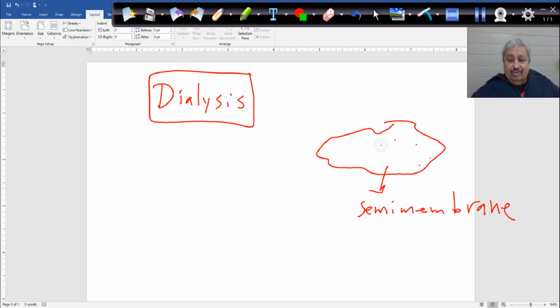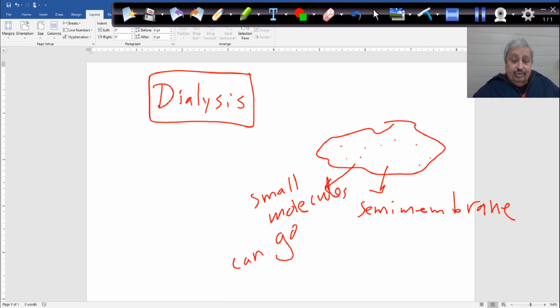Those holes will allow small ions and small molecules to get out and go through, correct?